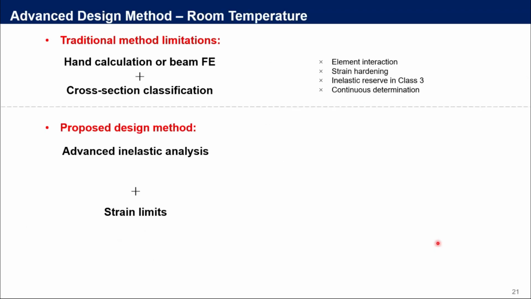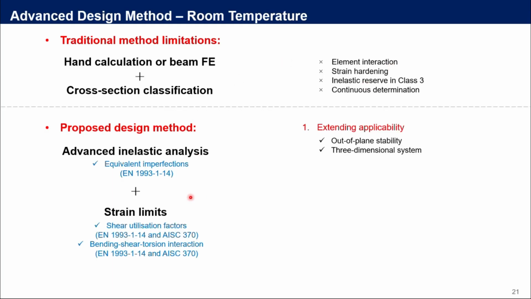Okay, as conclusion for the advanced design method at room temperature, to overcome the limitations of traditional design method, the advanced design method has been developed. And our study extended the advanced design method for the first time to the out-of-plane stability design, enabling it applicable to three-dimensional structures.